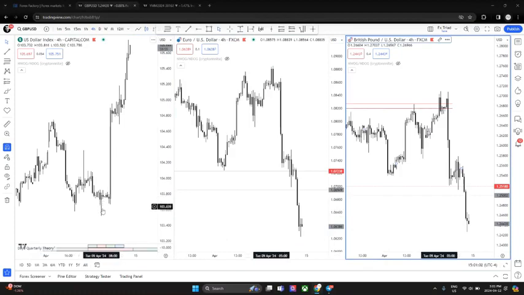Here you can see we did a wick below here, but this was just manipulation, to tick people off. But here you can see that this close was not lower than this one. Do you understand? And then what happened? CPI release, gone, never to return.